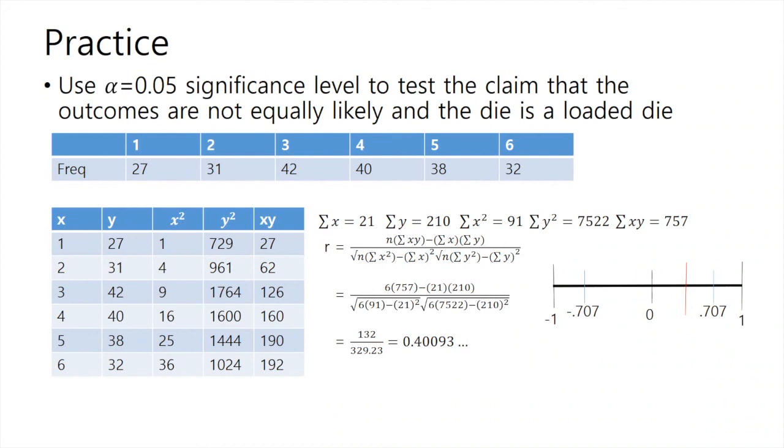And because 0.40093 is actually smaller than 0.707, there is not enough data to say it's correlated. It means that we have failed to reject.